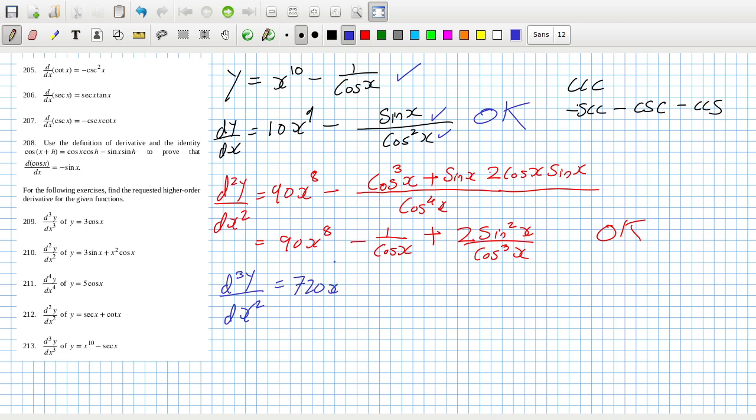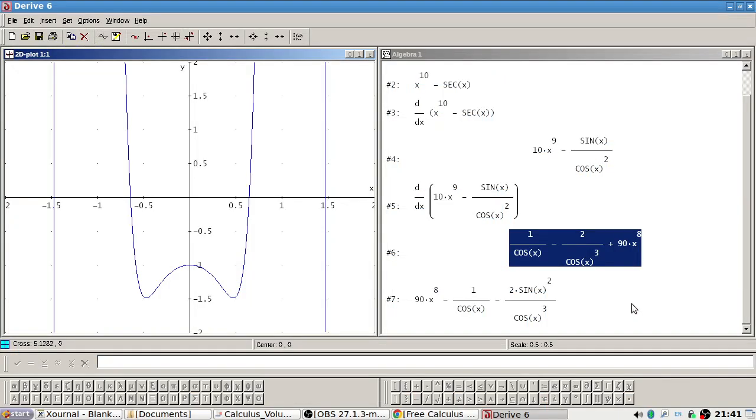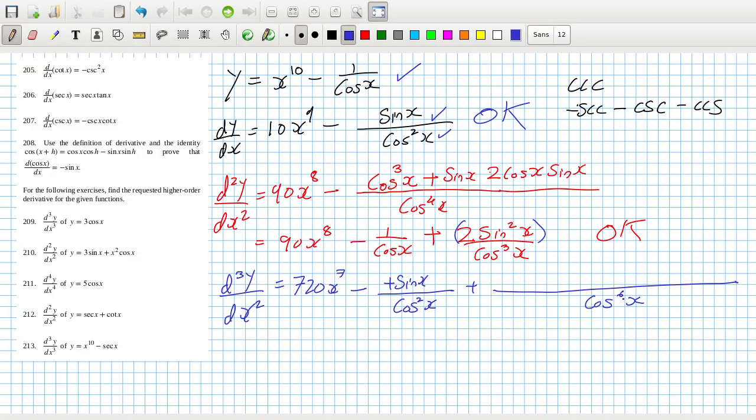720 x power 7 minus cos squared x. It's the top times root to the bottom. Okay, plus. Let's be super careful here. And we'll put the 2 with the top. The bottom squared.